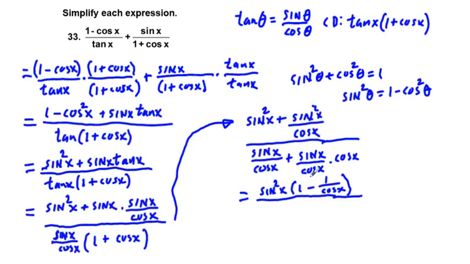we're going to go ahead and factor out a sine x. First of all, we have that cosine x over cosine x cancel each other. And we're going to take a sine x factored out.